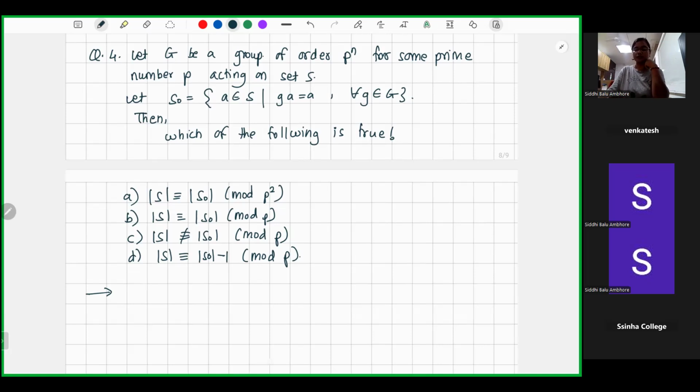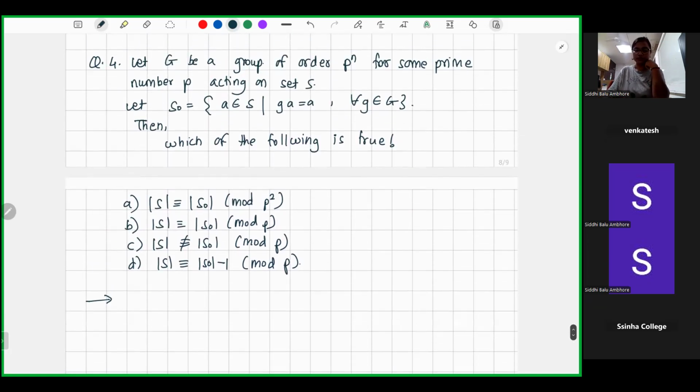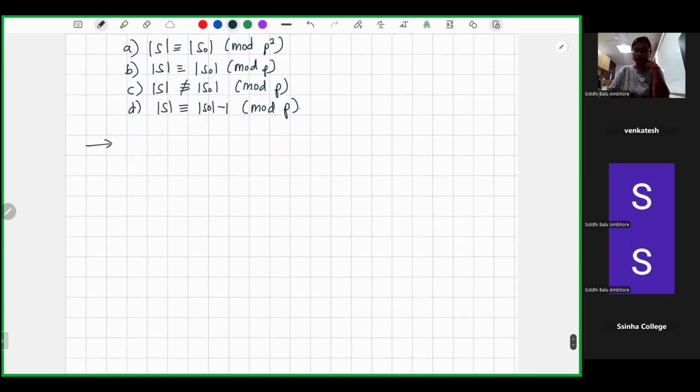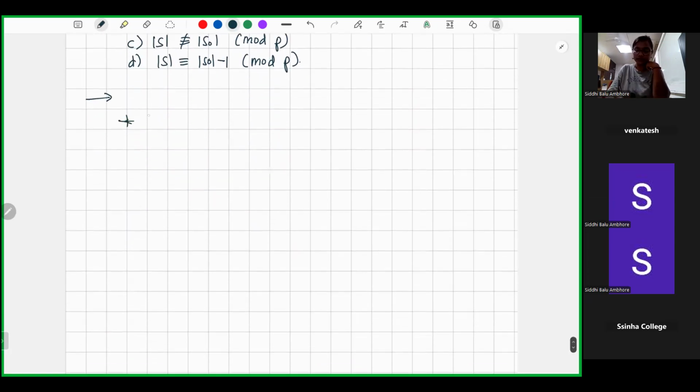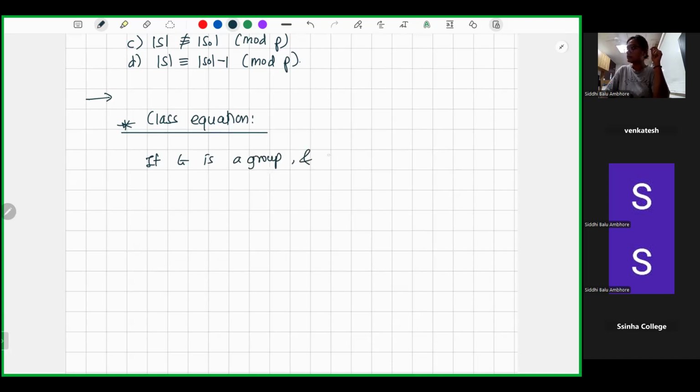So G is a group. So we have this right from the class. Let me write this in terms of the class equation. If you remember, let me revise this again. If G is a group and X is a G-set, a G-set means a set on which my group G is acting.